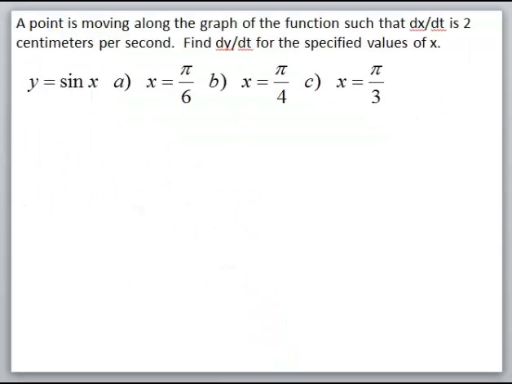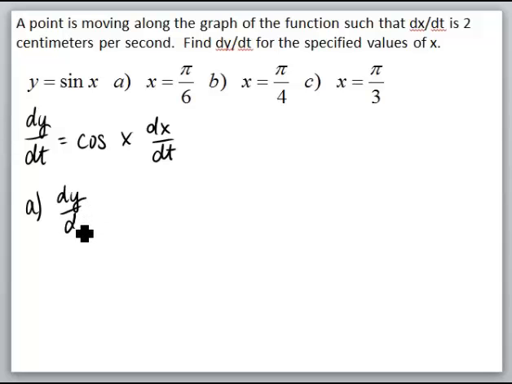The next problem talks about finding dy over dt for the specified values of x. I'll first start out by taking the derivative of y with respect to t and the derivative of sine x with respect to t, which would be cosine x times dx over dt. So I'm going to find dy over dt for each part. Part A: dy over dt is equal to the cosine of x.